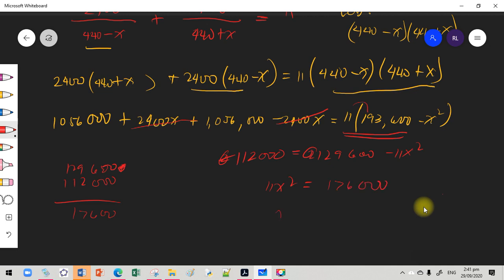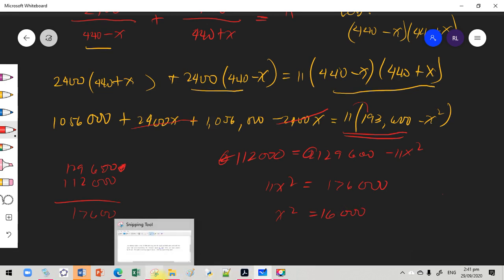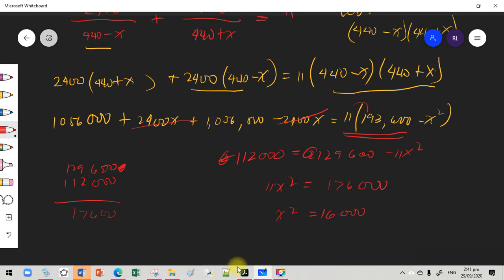Oh, so maybe we can divide this by 11. We'll get 176 divided by 11, which is 16. So this is 1,600. x squared equals 1,600.